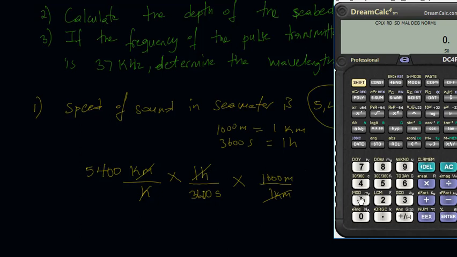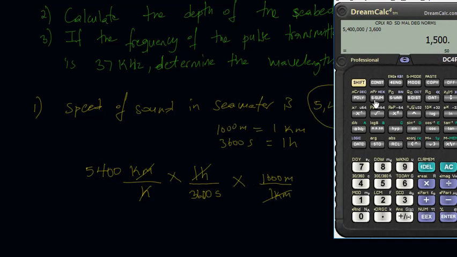So we have 5400 multiplied by 1000, and then I'm going to divide by 3600, and that gives me a value of 1500 meters per second.